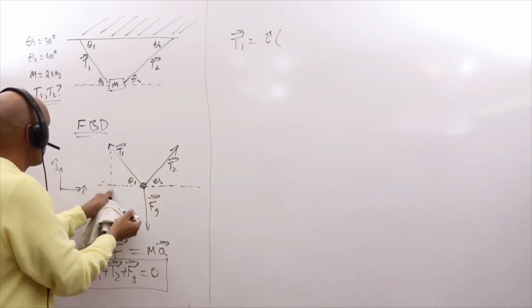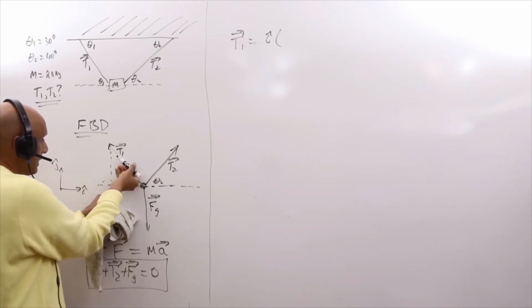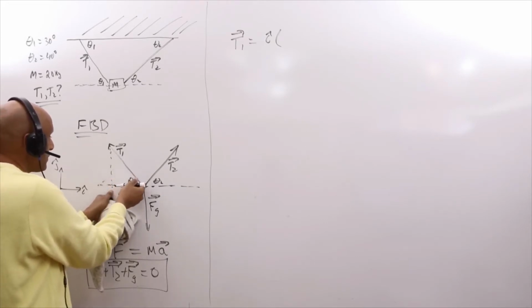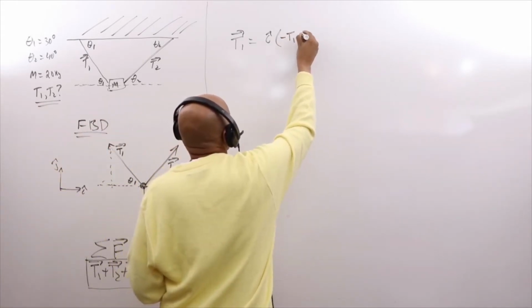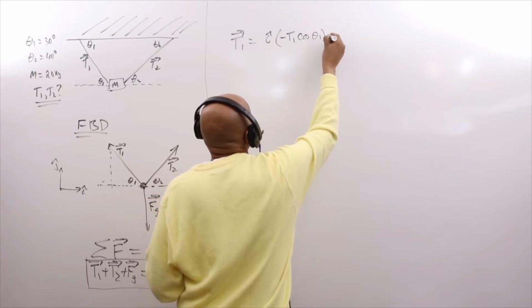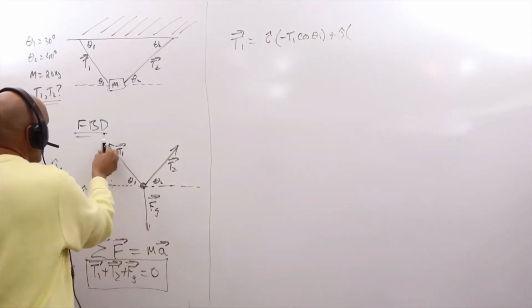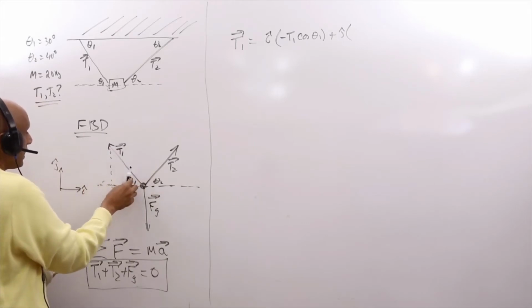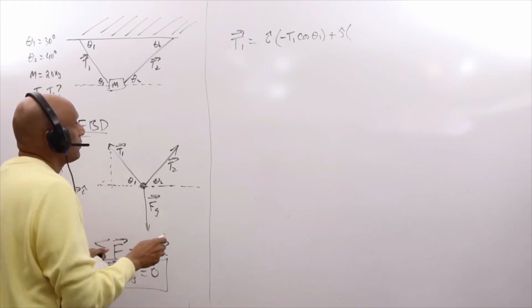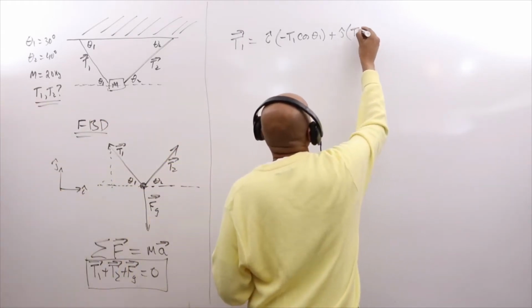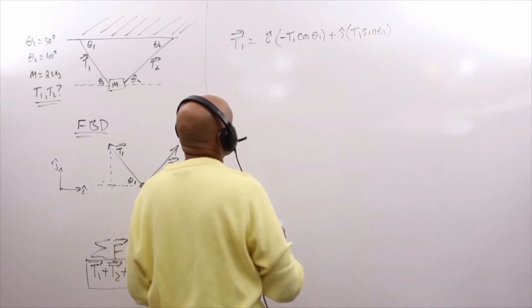The component to this ratio is the cosine, so this is minus T1 cosine theta 1. And the j component is going up, so that'll be T1, and this ratio to this side is sine of theta 1, so T1 sine of theta 1. Great, we now have T1.